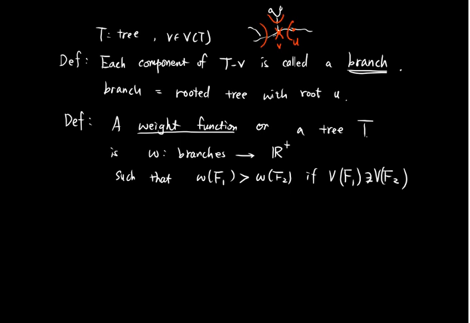So by branch I mean this one is a branch. This is F1, but if you take only a part of that, for example this part, this is F2. Okay, so F1 is greater than or equal to F2, but not equal in this case.